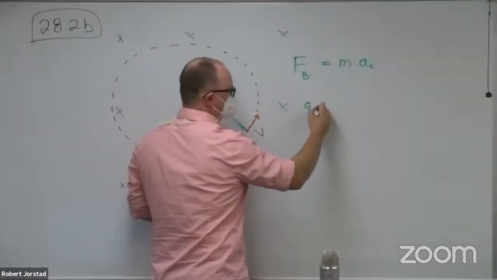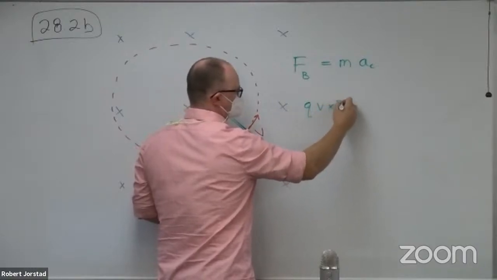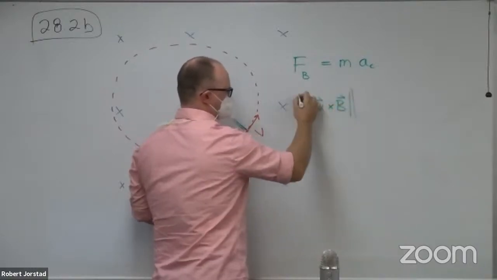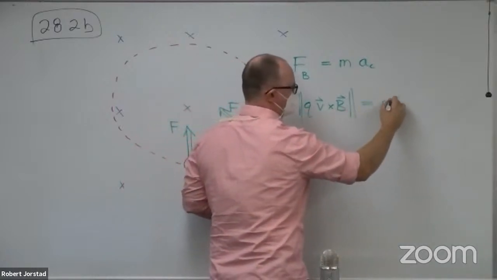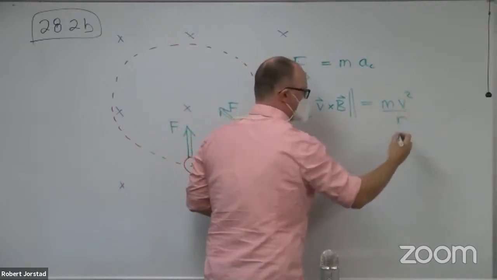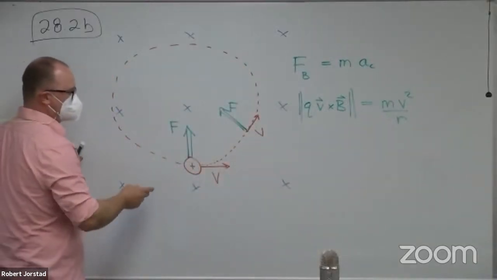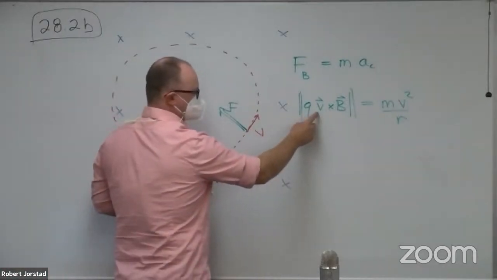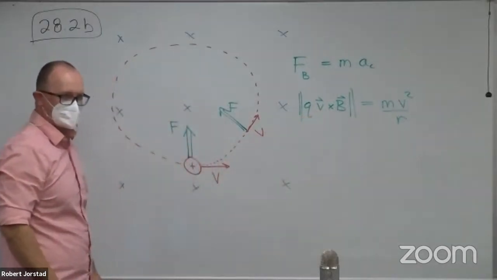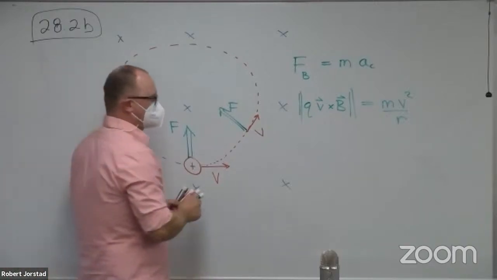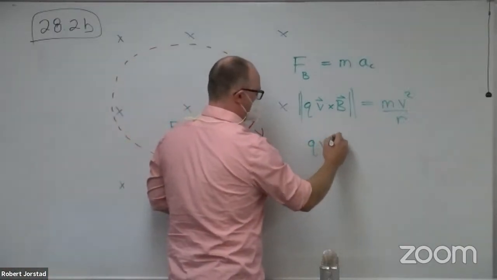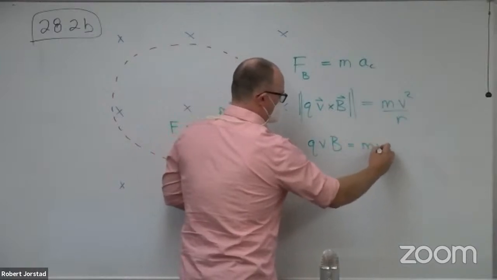M V squared over R. You just told me that the magnitude of Q V cross B is equal to M V squared over R. In this case, V is perpendicular to B, so you get a sine of 90. This turns out to be Q V B equals M V squared over R.